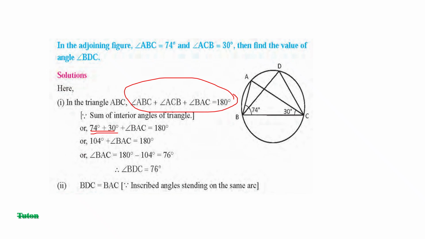On simple arithmetic operations, we find the value of angle BAC is equal to 76 degrees. Since from theorem 2 angle BAC is equal to angle BDC, it is 76 degrees. Here we have found the value of angle BDC, and we have solved this question as well.